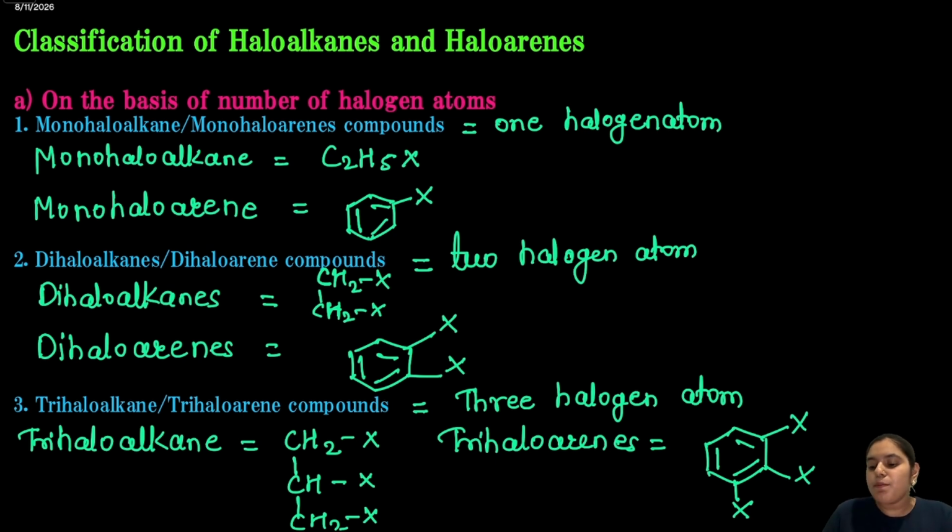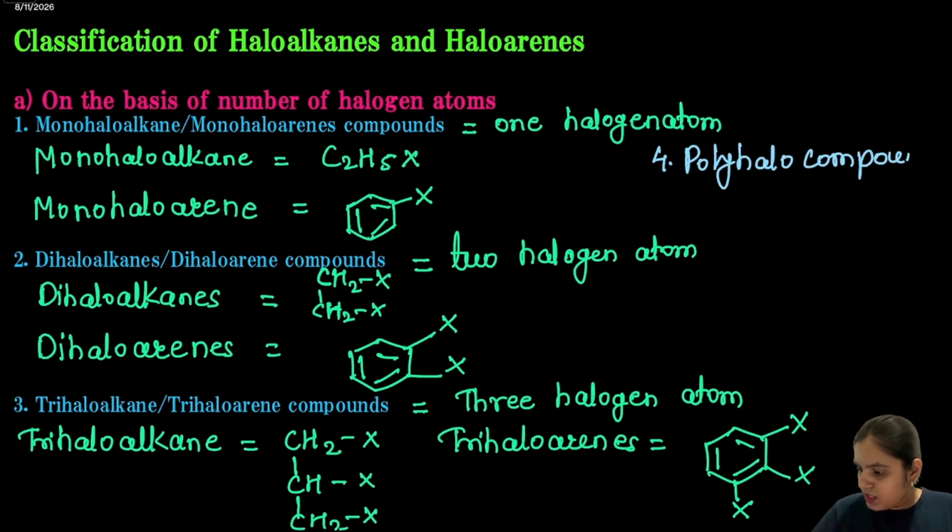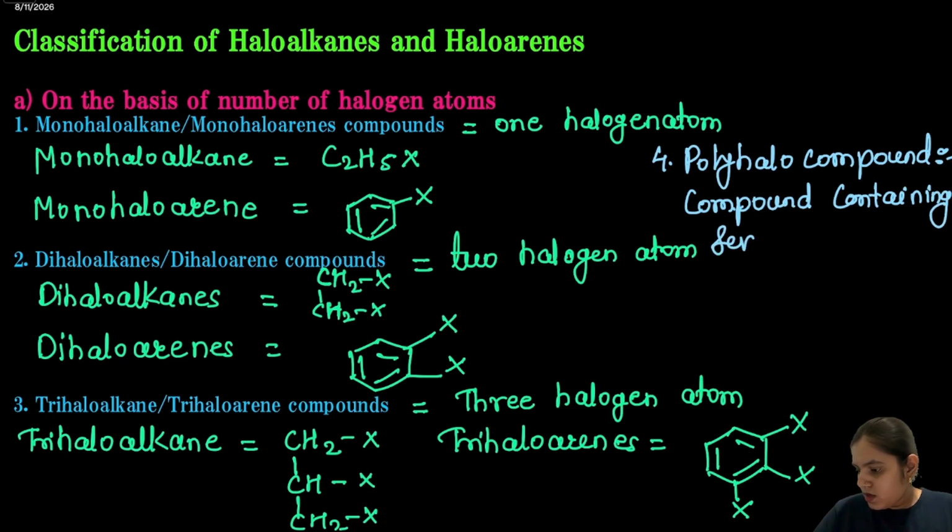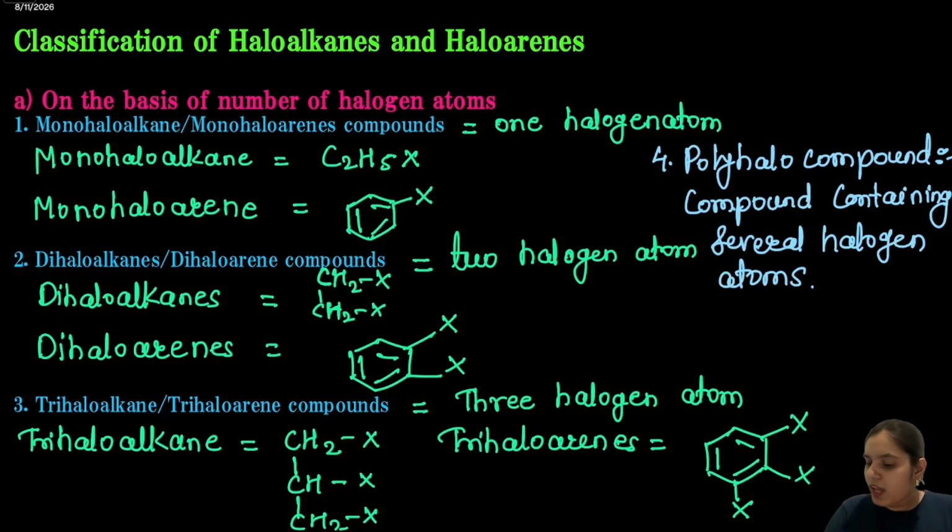Okay. So this is the example of monohalo, dihalo and trihaloalkanes and haloarenes. Okay. And compounds containing several halogen atoms are called polyhalo compounds. Okay. Fourth point is polyhalo compound means compound containing several halogen atoms. Okay. So this is all about the monohalogen compound, dihalo, trihalo and the polyhalo compound.